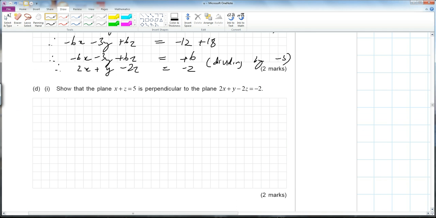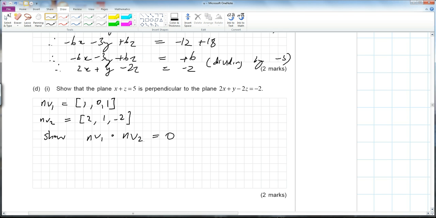Right, so to show in part D1, we want to show that this plane, normal vector 1 is 1, 0, 1. Normal vector for the other plane is 2, 1, minus 2. If we can establish the fact that their normal vectors are perpendicular, i.e. that the dot product is 0, then that's good enough to show that the two planes are perpendicular.